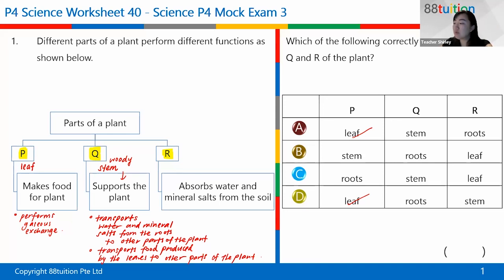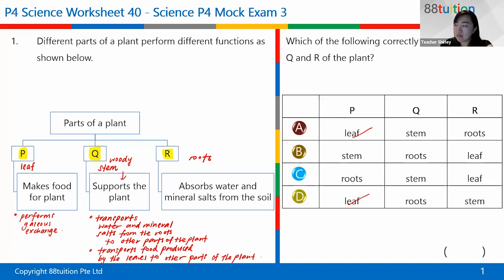Now the last one, which plant part helps to absorb water and mineral salts from the soil? Grace. Roots. Is it fruits that absorbs... oh, you said roots. I heard wrongly. Roots, very good. The roots absorb water and mineral salts from the soil.